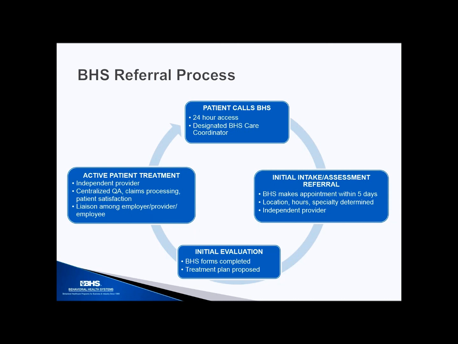Then you'll follow me to the right, where you'll have initial intake assessment referral. What that means is your designated care coordinator is going to take the information that you provide us, specific to what your needs are. We will make an appointment for you or assist you in securing a non-urgent appointment within 5 days. And typically, locally, it's typically within 3 days in the Huntsville and surrounding area.